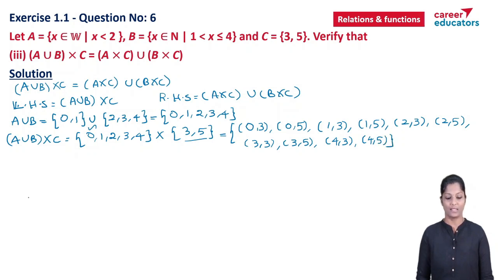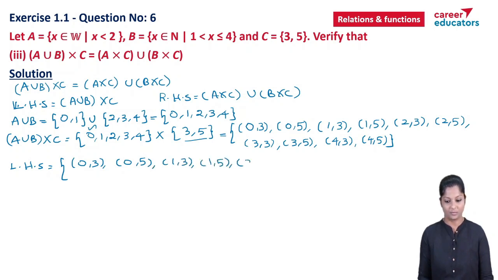Now we got LHS. LHS equal to (0, 3), (0, 5), (1, 3), (1, 5), (2, 3), (2, 5), (3, 3), (3, 5), (4, 3) and (4, 5). We'll mark this as 1.